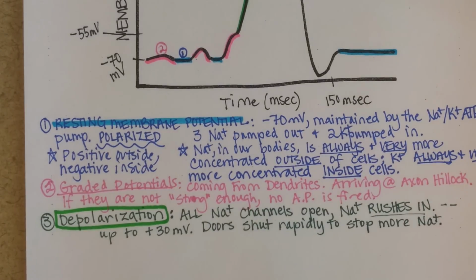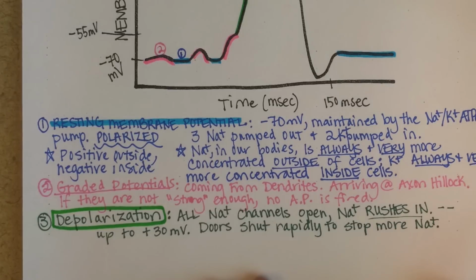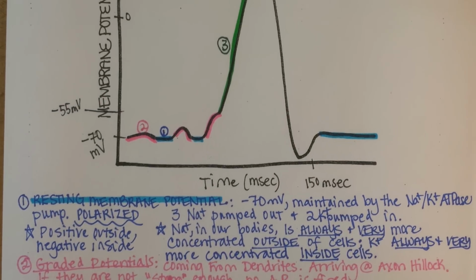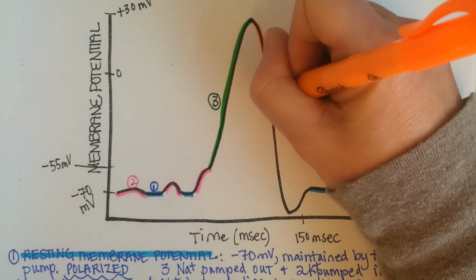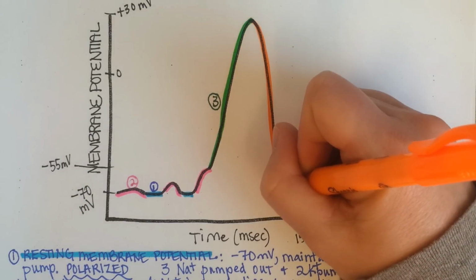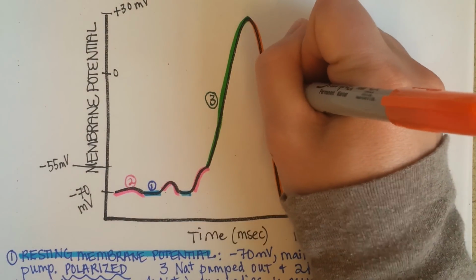Okay, now meanwhile you might be wondering, well, how are we going to go back down? Or maybe you're wondering, where does potassium come into all of this? It comes in right here. It's the reason you go down. Whoosh. All the way down is thanks to potassium. So this is step 4.